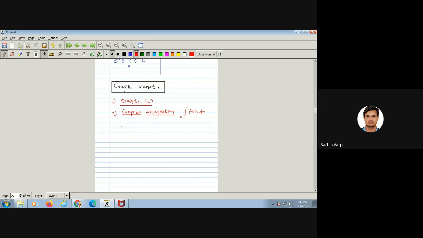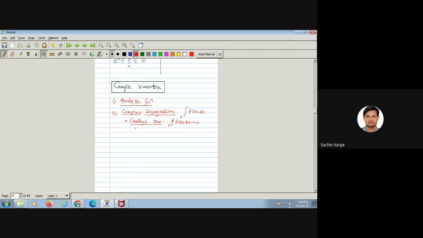The first one is Cauchy's theorem. It says if the curve is closed and the function does not have any singular point on and within the curve, then the integration over the closed curve will be 0. This is the statement of Cauchy's theorem, which is very, very important.